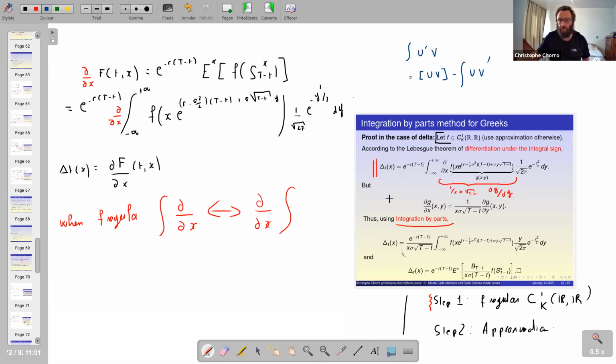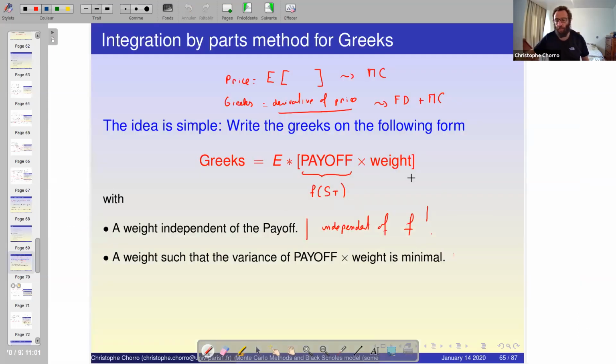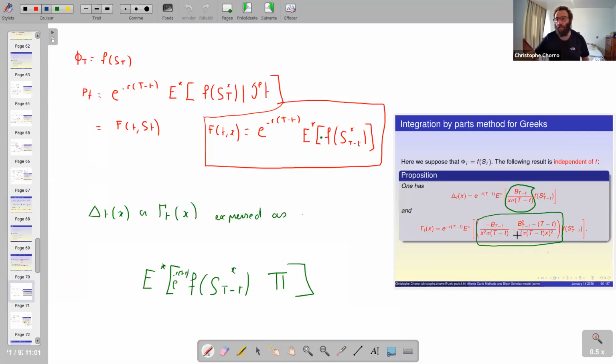Okay, so it's the sketch of the proof of the previous proposition that tells you that the delta, and you can do the same for the gamma if you want as an exercise, the delta of a contingent claim of this form in the Black-Scholes model may be expressed as a kind of weighted expectation, like what I have in the case of prices.